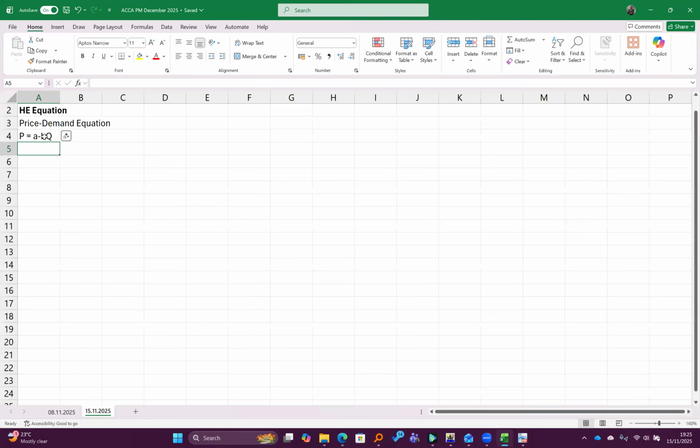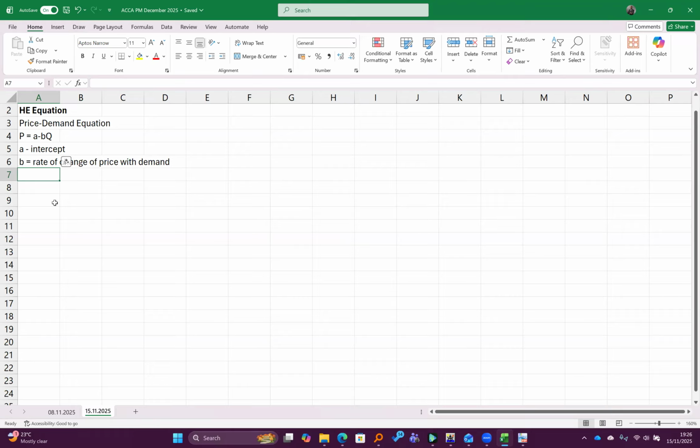So now A, in this case, is usually the intercept, and B is the rate of change, okay, of price with demand. Because here the demand is the X, so we can get that rate of change of price with demand.